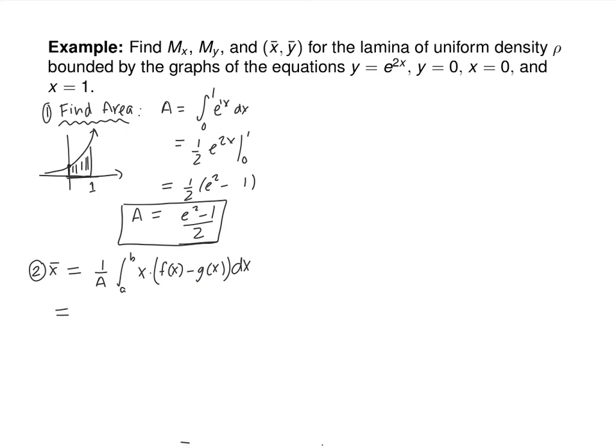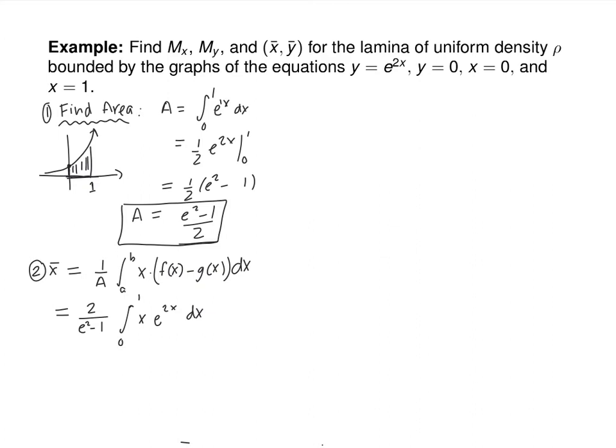Now notice when you do 1 over A, you'll have 1 over the quantity e squared minus 1 over 2, which means that e squared minus 1 over 2 reciprocates and becomes 2 over e squared minus 1, times the integral from 0 to 1 of x e to the 2x dx.